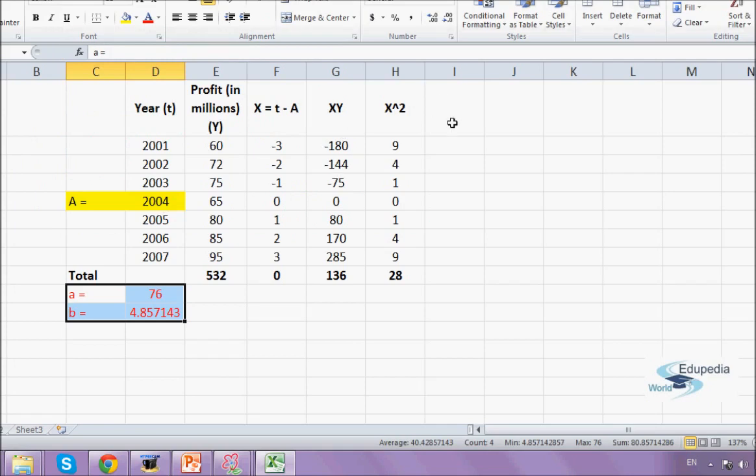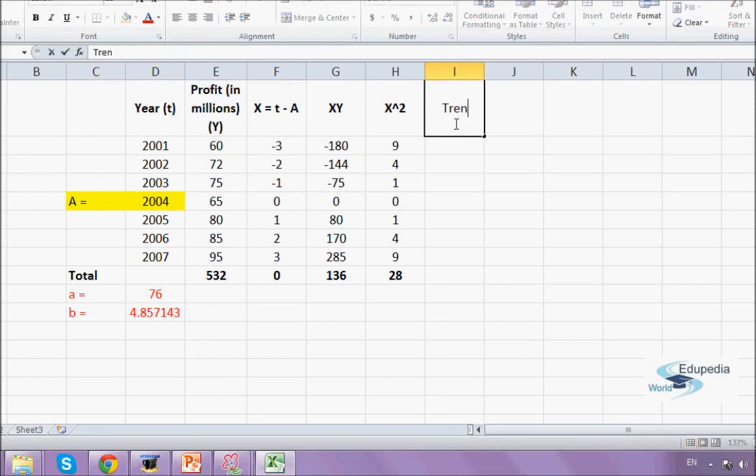The trend values, okay, and the trend values we can find straight away from the equation which we have got. If we put the equation here, we know the trend value is yt. Let me write it as yt here.